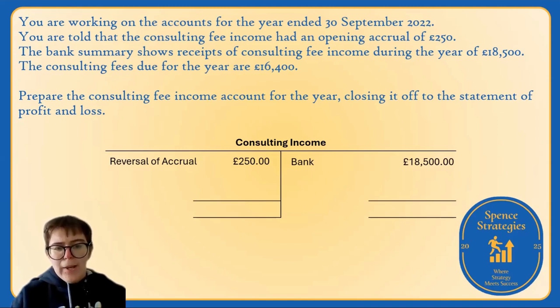Bearing that in mind then, in order to find my prepaid income amount for this year, all I need to do is take the total amount of money that I received and deduct my actual fees that were due this year, and the difference is going to give me £1,850, which will result in my consulting fee prepaid income for next year.